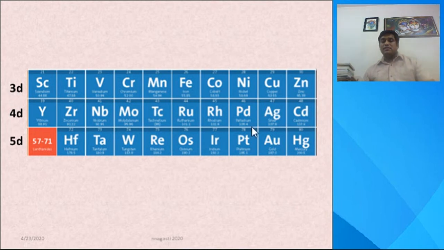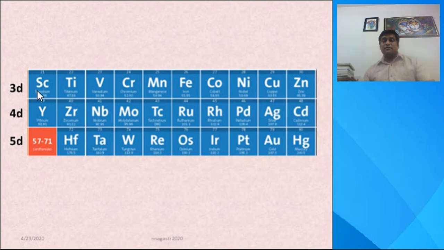For this series, the outermost electrons are located in 4D orbitals, and for this series the outermost electrons are located in 5D from hafnium to mercury. So the name is 3D, 4D and 5D series. Our interest is to study these 3D series elements.